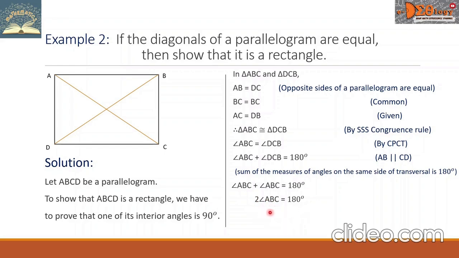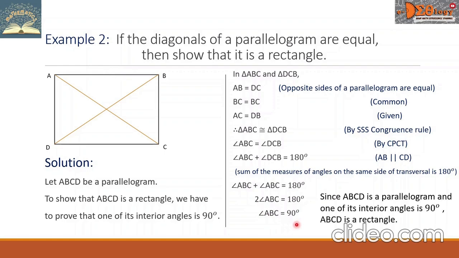Then we divide this by 2. So we get angle ABC equals 90 degrees. Since ABCD is a parallelogram and one of its interior angles is 90 degrees, ABCD is a rectangle.